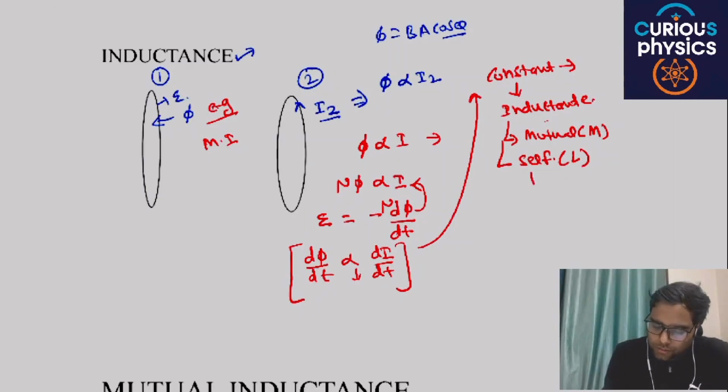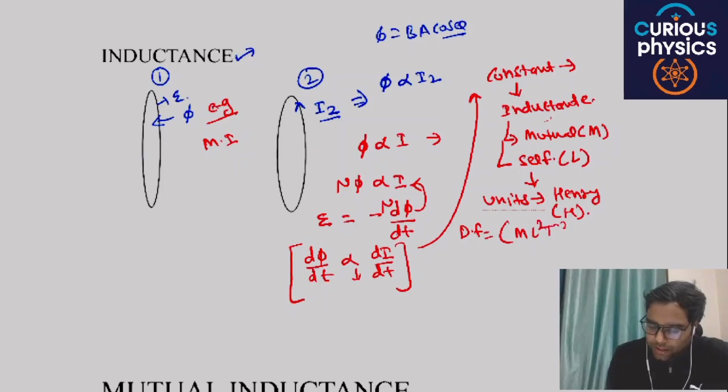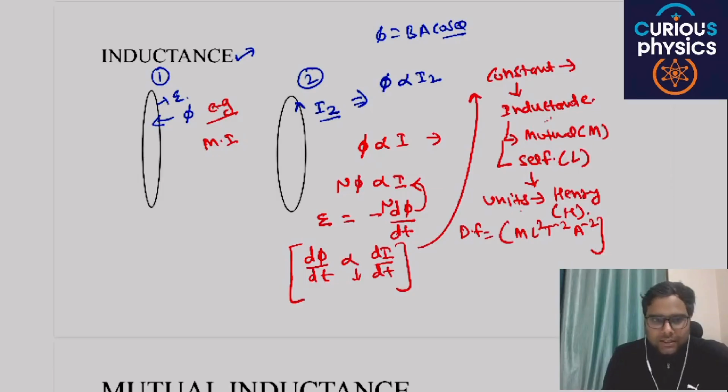The basic unit of self and mutual inductance is the Henry, denoted by H, and the dimensional formula is ML^2 T^-2 A^-2, where A is related to current. This is the basic information about inductance.